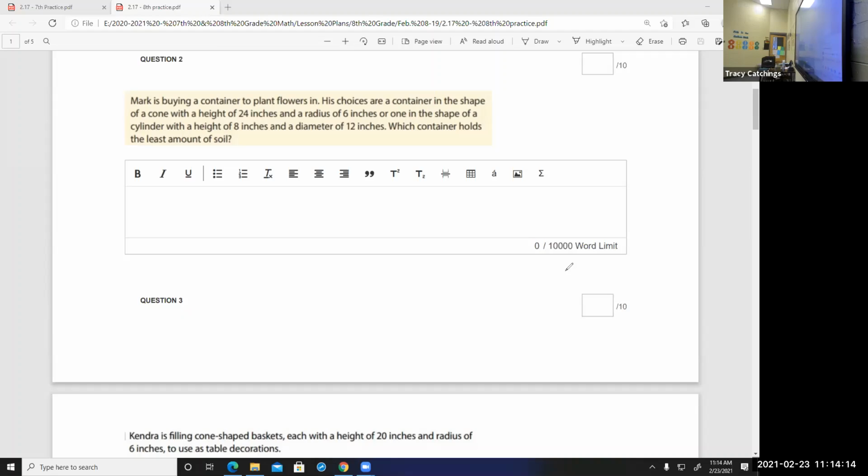All right, so we can start with the cone first. Is that the simple form, pi r squared height? Nope, that's one we got to divide by 3. All right, look at what they gave us for the cone. We got a height of 24 inches and a radius of 6. See if you can substitute in real quick.